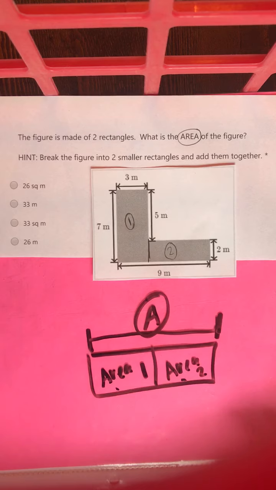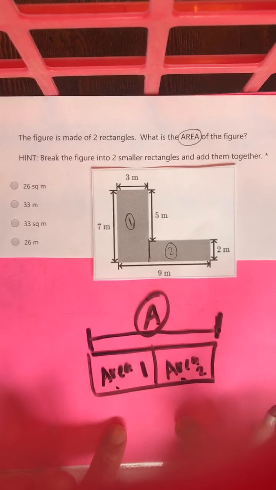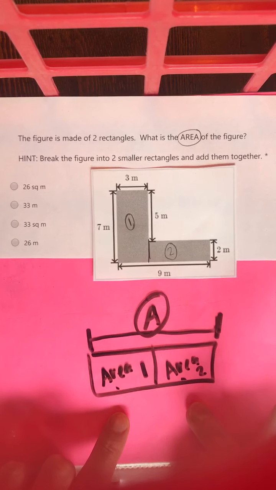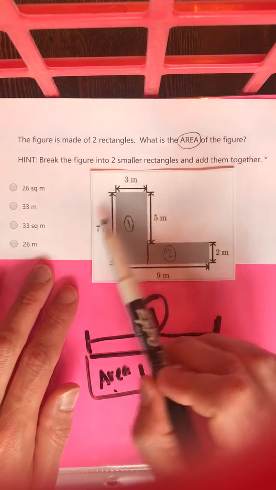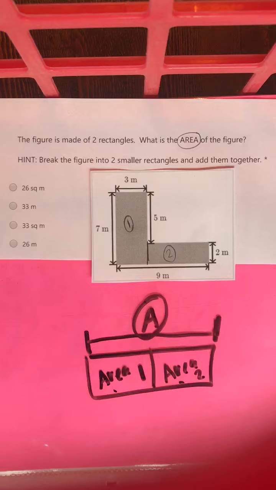Very good. So you need to add your 2 parts together. So go ahead, pause your video, add your 2 areas together to find the whole area. When you're ready, press play. Okay, friends, great job. Let's take a look at number 9 together.